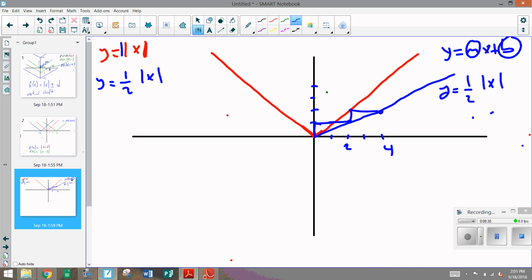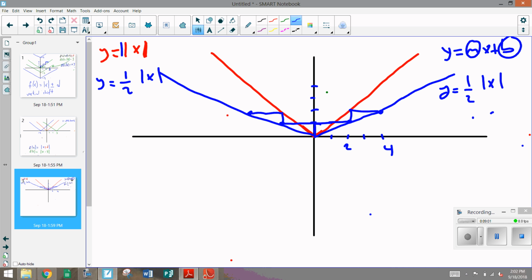Is that right? So we're going to draw 1 and 2. Okay? Rise 1, run 2 units. So we're going to complete these points. We're going to get the graph of that. So what happened? This is important. This portion is important.